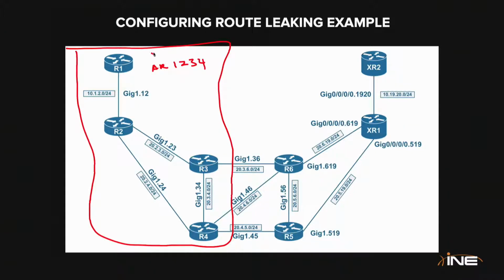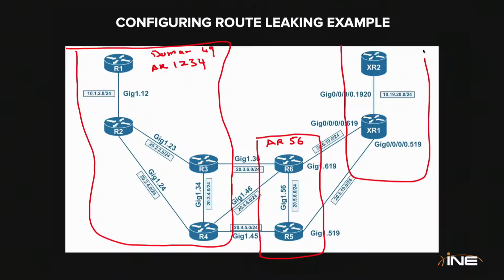The domain is 49. 5 and 6 are basically in a second area, which is area 56. And XR1 and XR2 are in a different area again, area 1920.